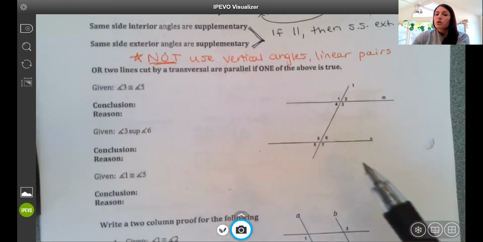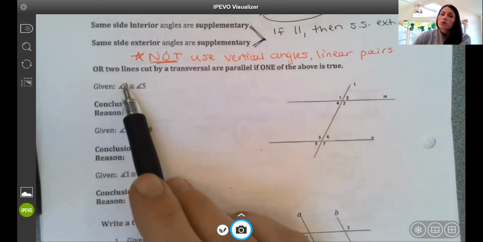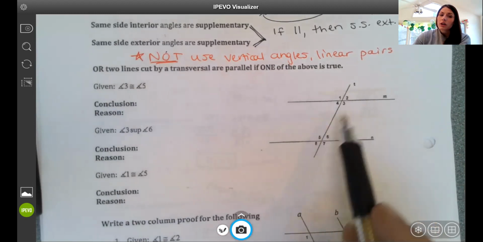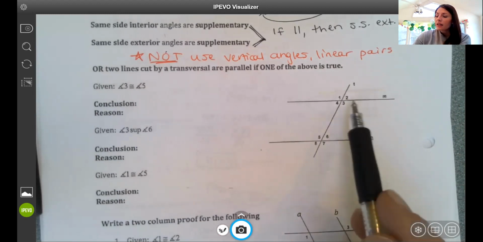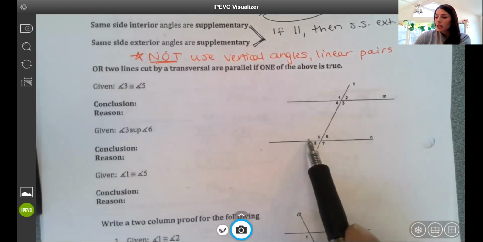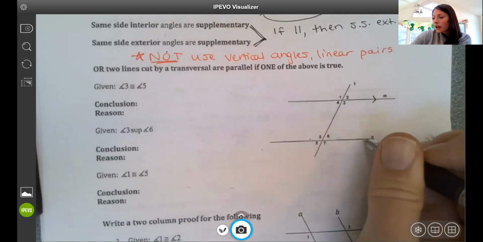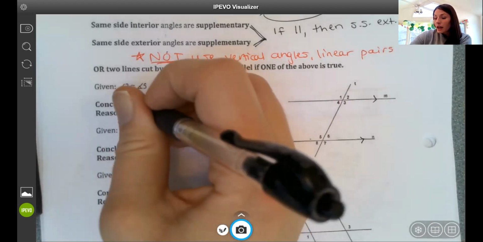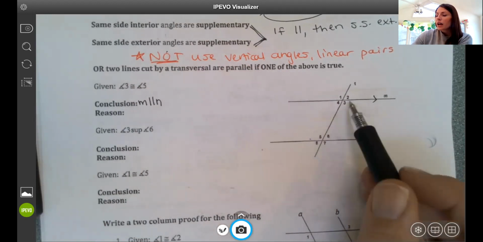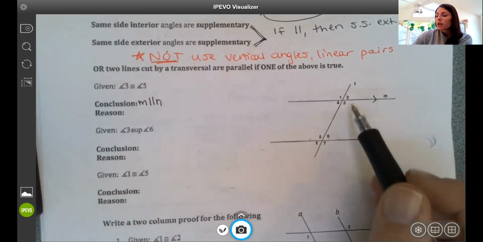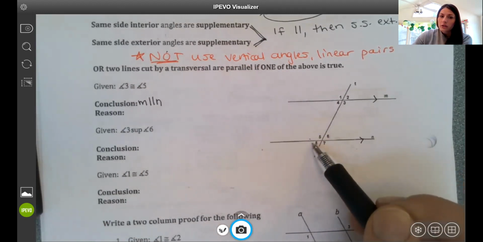So if, for example, I was told that 5 and 3 are congruent, that information tells me that this line is parallel to this line, that M is parallel to N. I can't assume M and N are parallel unless I have a piece of information like that, okay? The reason that I know that M and N are parallel is because 3 and 5 are what type of angles?